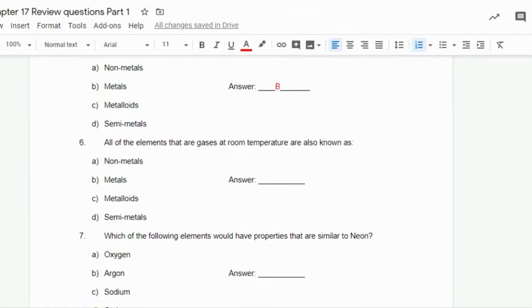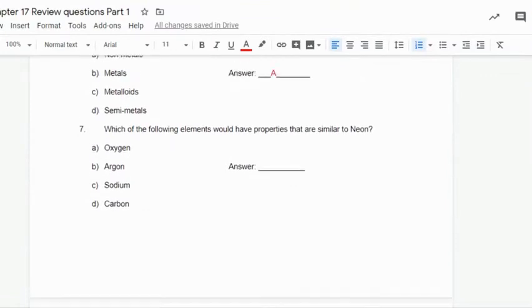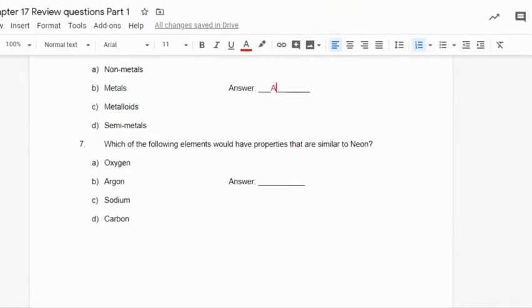All of the elements that are gases at room temperature are also known as, that's right, nonmetals. You can either type in A or you can type in the word nonmetals if you like. But nonmetals, all of the elements that are gases at room temperature, oxygen, nitrogen, argon, xenon, all of those things are known as nonmetals.